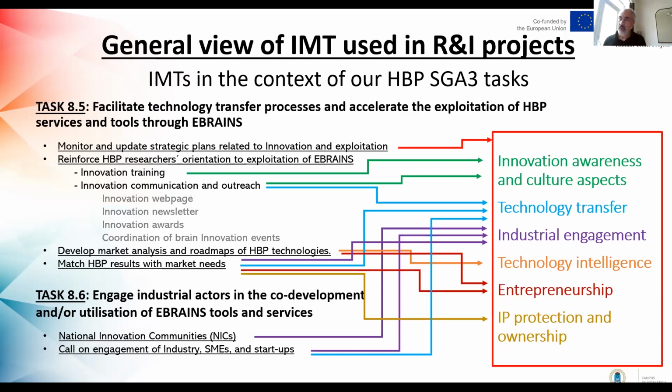So we monitor these plans, and that is why the red arrow is capturing in the red box the 6 topics, because it is a wide, overall task in subtask in task 8.5.